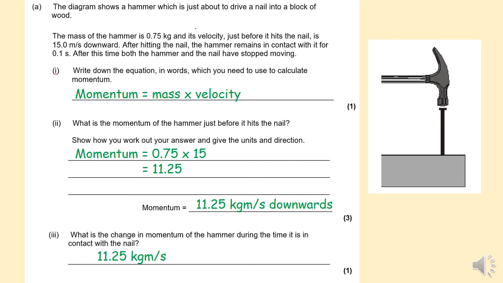You should be realizing that the momentum, that's the momentum of the hammer you've just worked out, 11.25, and now you're being asked for the change in momentum of the hammer. Well, in the question it tells you the hammer has stopped moving, which means its momentum is now 0. So it's changed from 11.25 to 0, so what's the change? 11.25. That's why they're only offering you 1 mark for that.